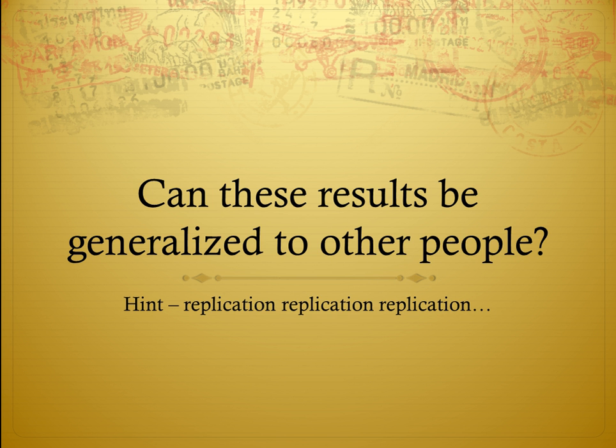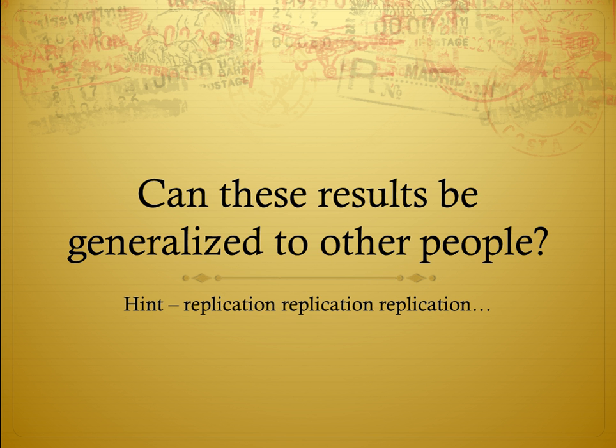So that leads to the question, can these results be generalized to other people? Well, that has to do with the replication, replication, replication. And as it sounds, single subject research does generally refer to the people that you investigated using that one intervention in that one setting, in that one context.